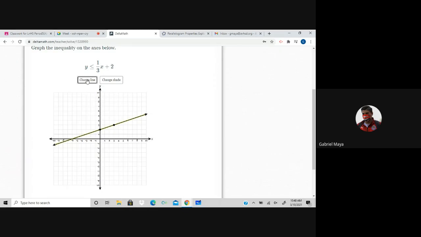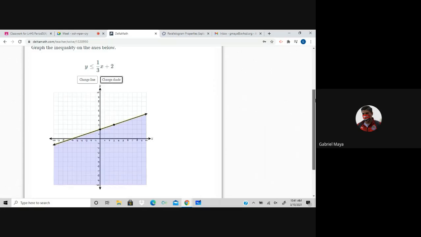So (0, 0): y would be 0 and x would be 0. 1/3 of 0 plus 2 is 2, so on the right we have 2 and on the left we have 0. Is 0 less than or equal to 2? It is. So we would shade this region, because I picked the origin as a test point and it came true. If the origin had not satisfied this inequality, then we would shade the other side. But we're going to shade down here.